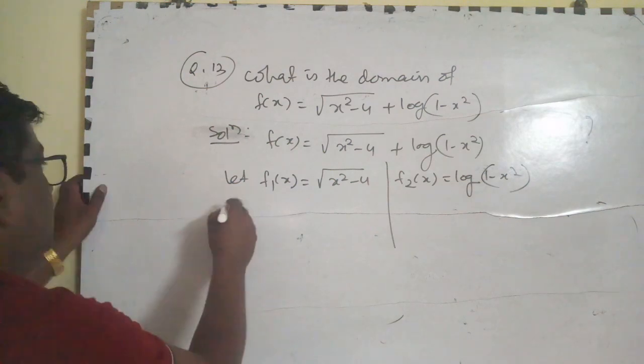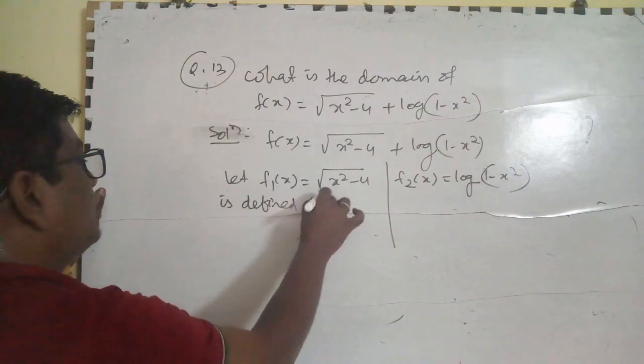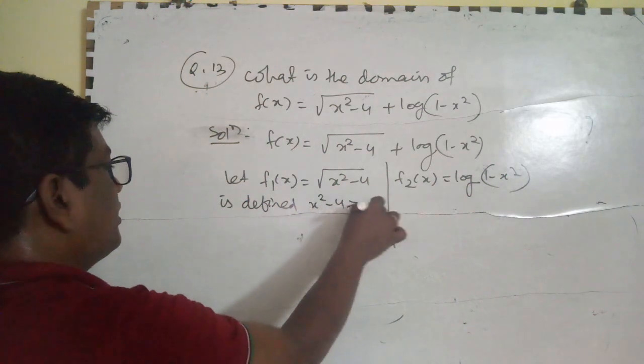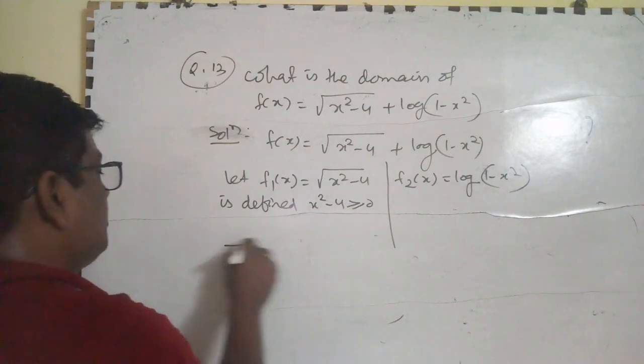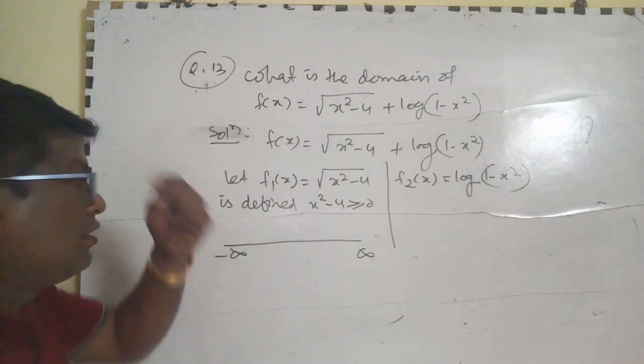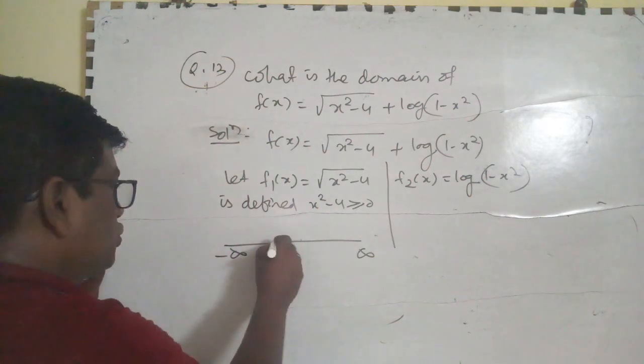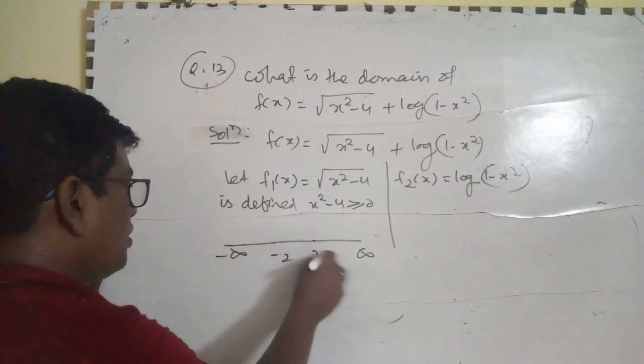Now this is defined for x square minus 4 greater than or equal to 0. Now df minus infinity plus infinity, putting x square minus 4 equal to 0, we get x equal to minus 2 and plus 2.